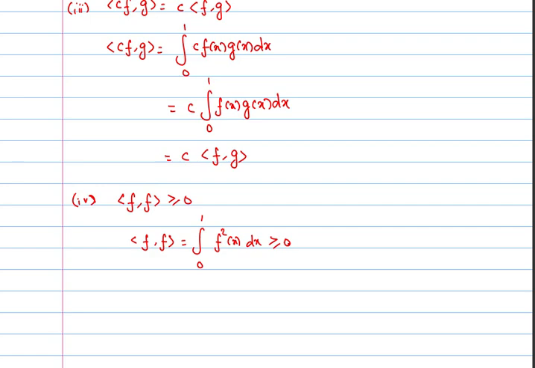To prove this condition, advanced calculus is required. I won't go into the advanced calculus here. This theorem is already proven: if F is a continuous function and F is non-negative, this implies the integral over a to b of F of X dx is also non-negative.